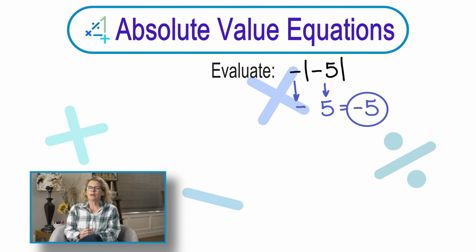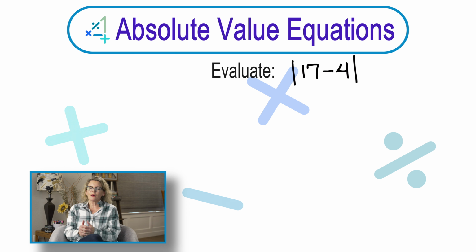Whenever there's a negative sign in front of an absolute value, the answer will be negative. Now, we have some that are a little bit more complicated. What is the absolute value of 17 minus 4? You must look at the absolute value as an invisible parentheses, where you don't just turn everything inside to positives. That would be illegal. We must figure out the number inside the absolute value and then pop it out by making it or keeping it positive.